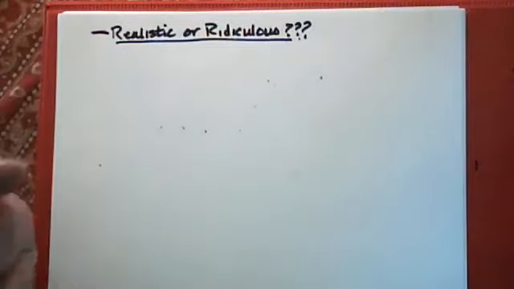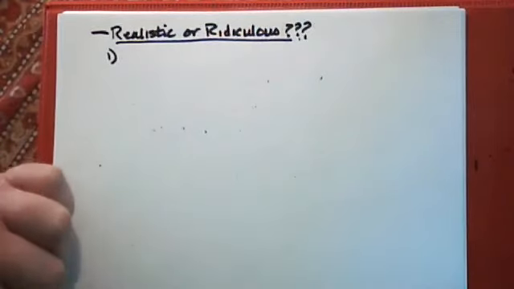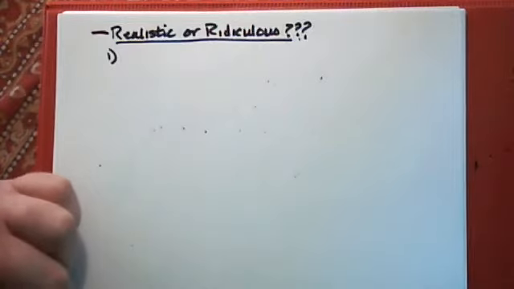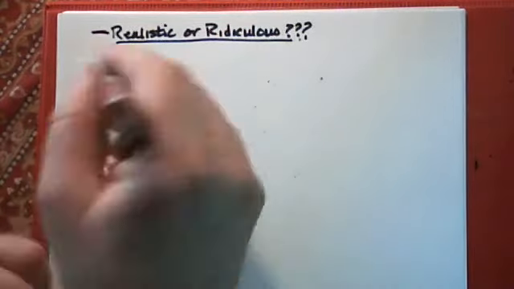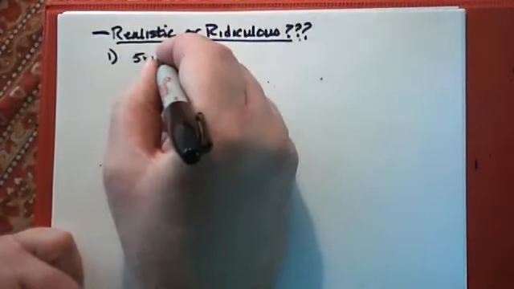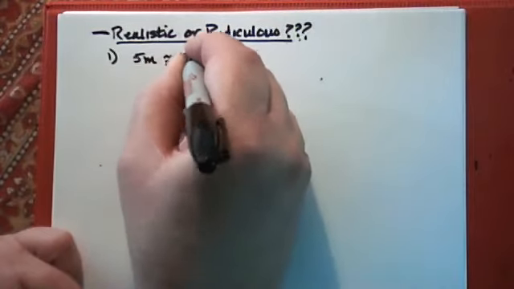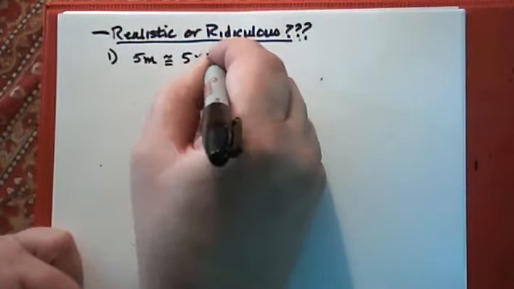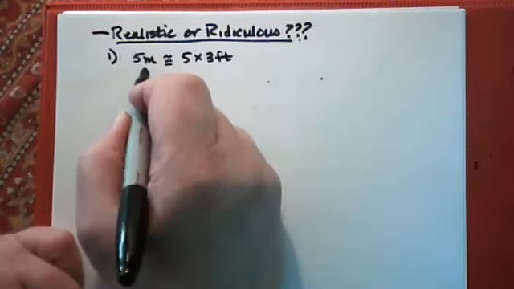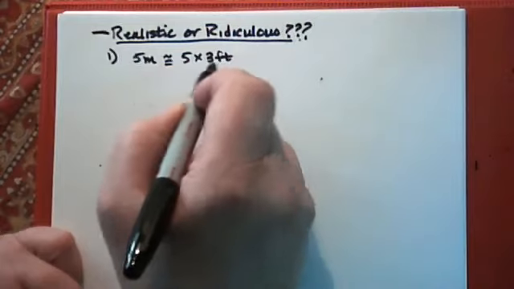we need to determine whether each of the following statements is realistic or ridiculous. Number 1 is the height of a life-size statue dedicated to a former president is 5 meters. Well, when you think about it, 5 meters is about 5 yards, which would be 5 times 3 feet, because each yard is 3 feet.